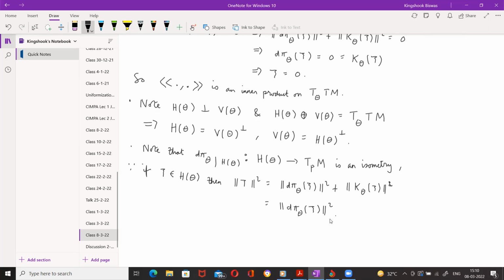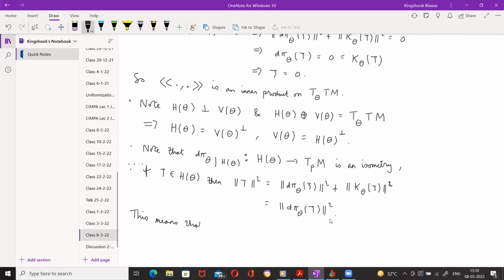Okay. Is this clear? So what does this mean? This means that this pi is actually what is called a Riemannian submersion. So I'll explain what that is.